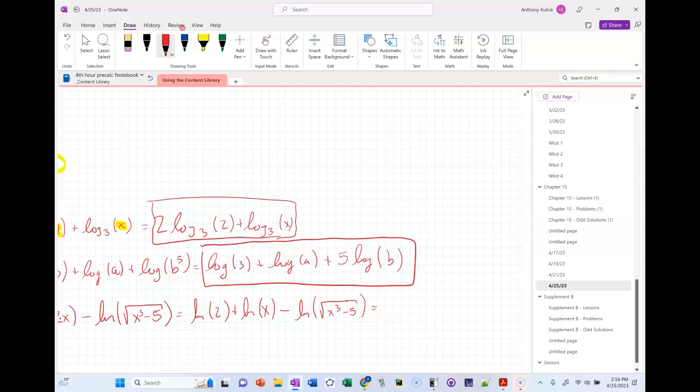It's not 3. It's not 1 over 3. I can think about that square root as a 1/2 power around everything. So the power property going on here is 1/2.